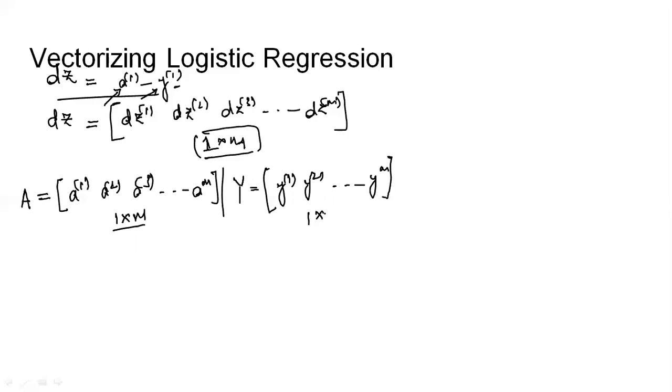So this vector would also be of 1 cross m dimension. Now suppose I want to use these individual vectors to represent this equation, how can we do this? We can write dz equal to capital A minus capital Y. I'll put this equation in a box.